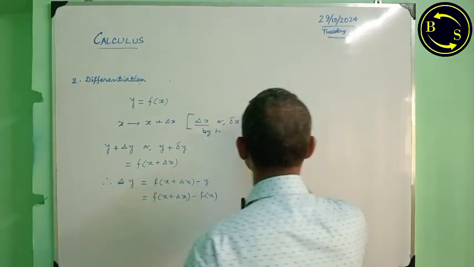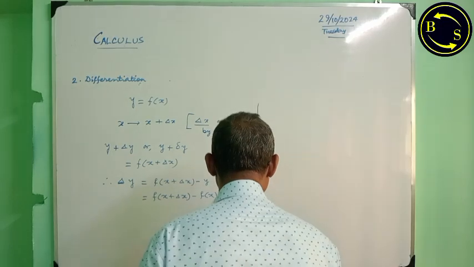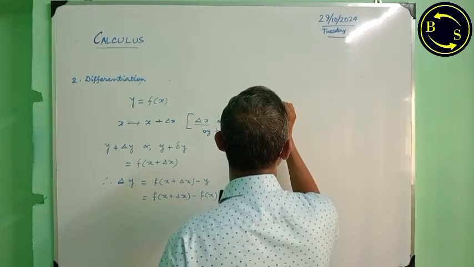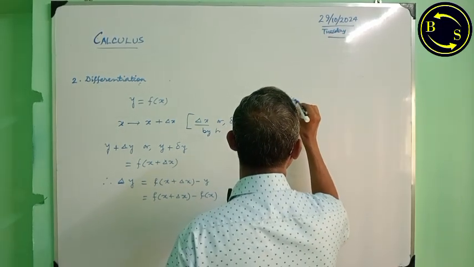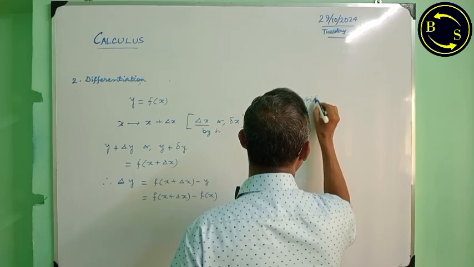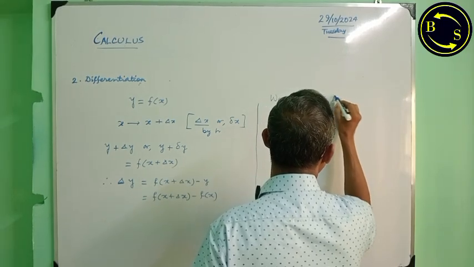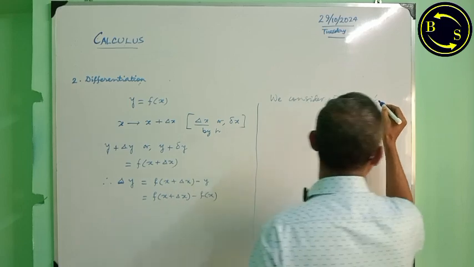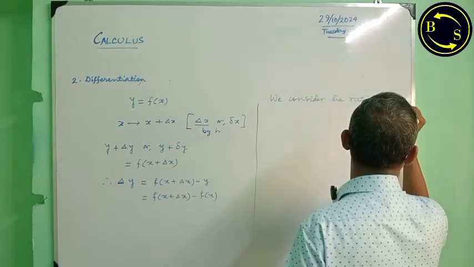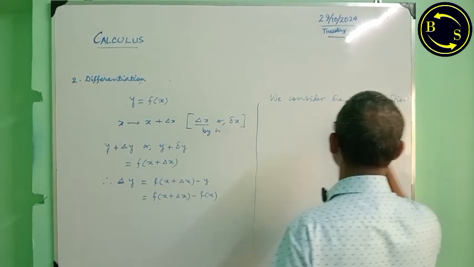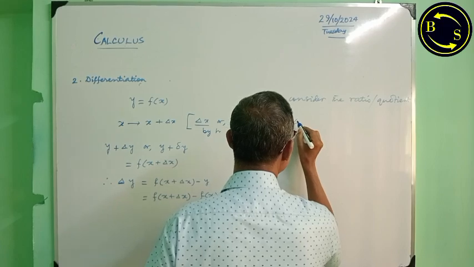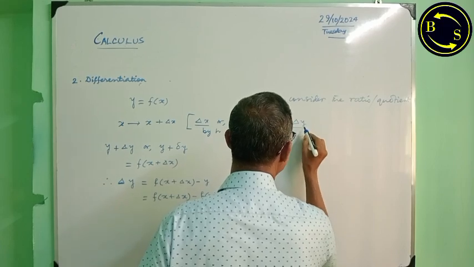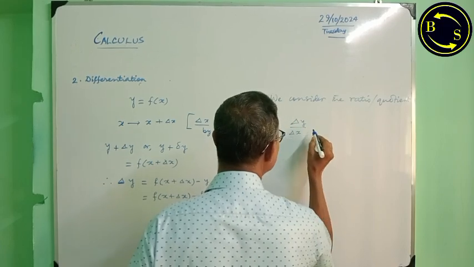Next we consider the ratio or quotient delta y by delta x.